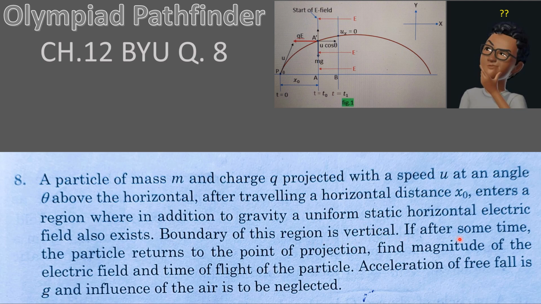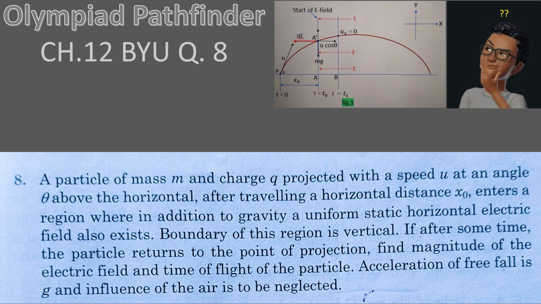If after some time the particle returns to the point of projection, find the magnitude of the electric field and the time of flight of the particle. Acceleration of free fall is g and the influence of the air is to be neglected.